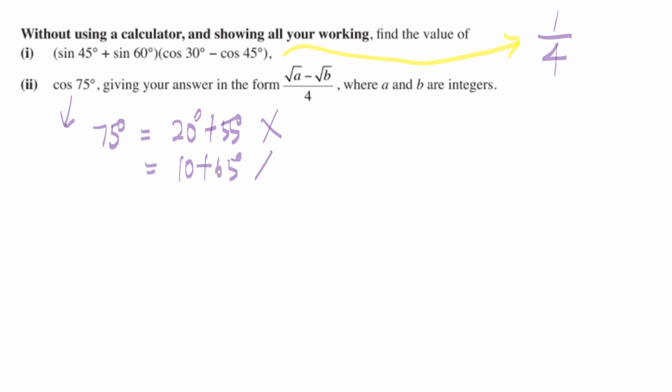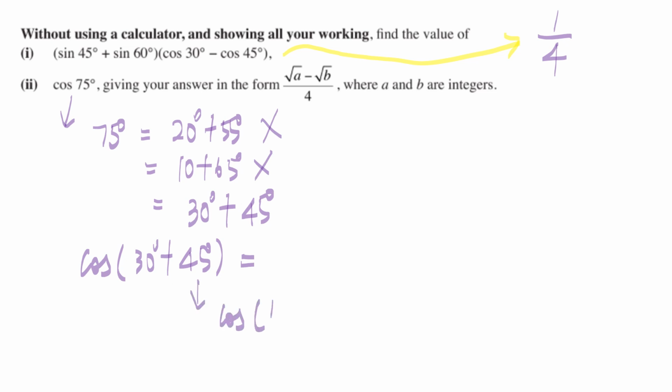Again, you can do that, but it doesn't help because 10 and 65 are not special angles, right? So what are the special angles? They will be 30 and 45. So you can write 75 as 30 plus 45, and then you can use your addition formula to expand it, which we will revise later on, but I can just give you the formula and then you can try to do it.